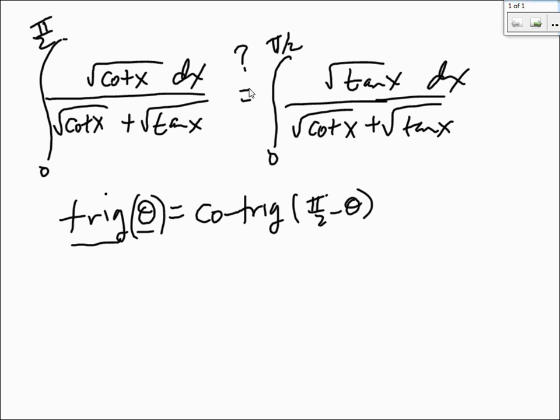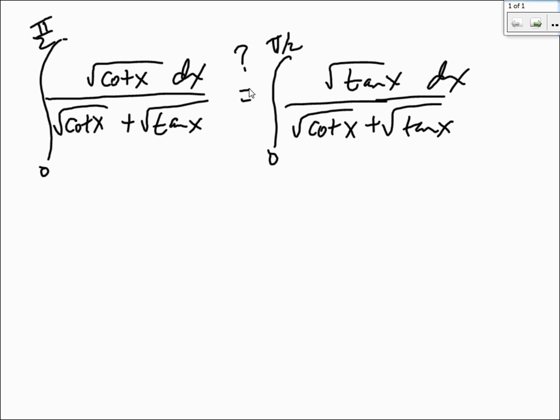As long as the angles add up to pi over 2, then the trig function of, let's say, theta, and the co-trig function of pi over 2 minus theta are going to be equal. What do I mean by trig and cotrig? Well, sine and cosine, cotangent and tangent. Those are cofunctions.